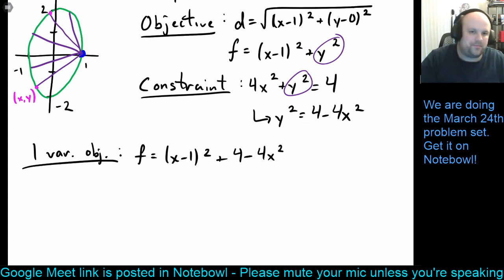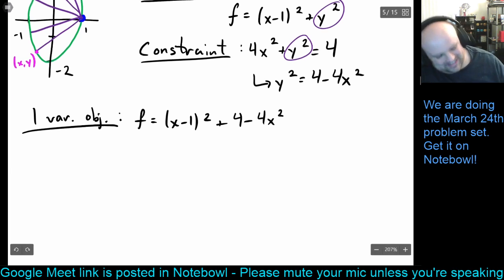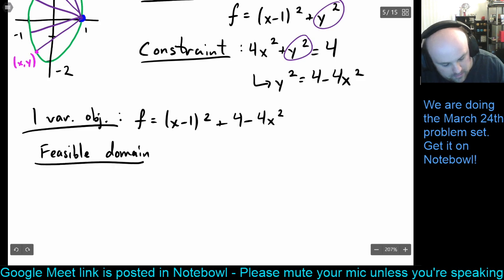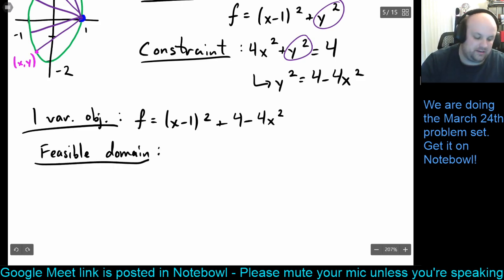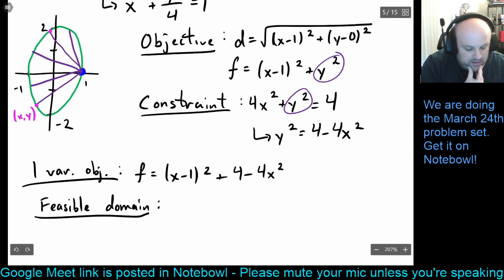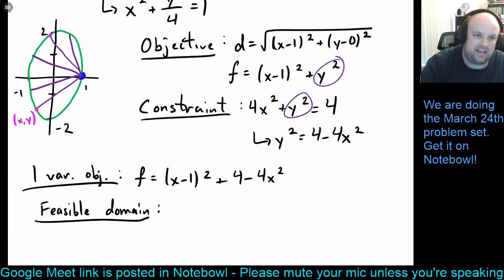All right. And now we do our derivative. Sorry, we need the feasible domain. I keep forgetting this. So what is the feasible domain? What x values can I plug in? What makes sense to plug in?